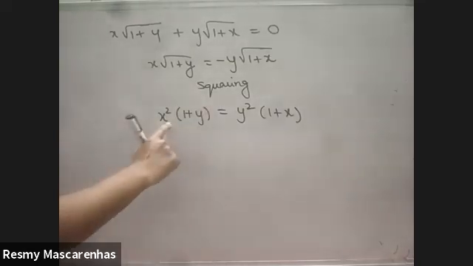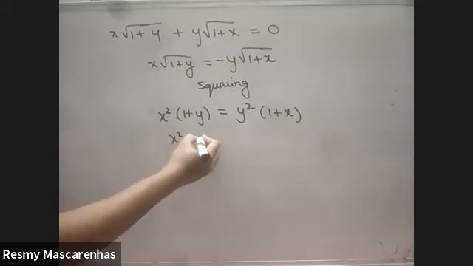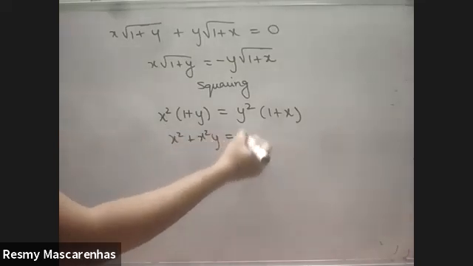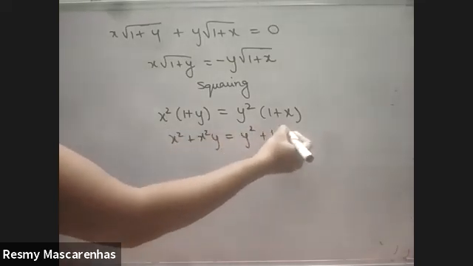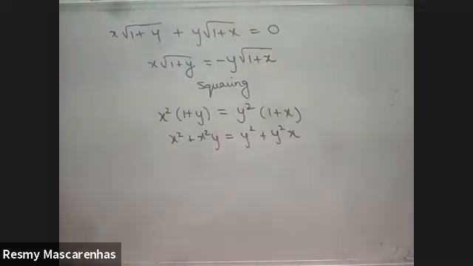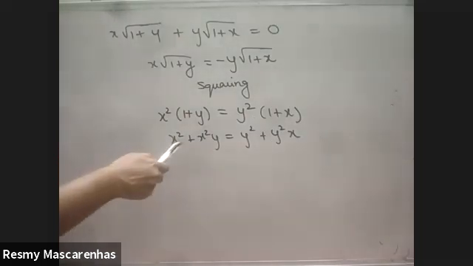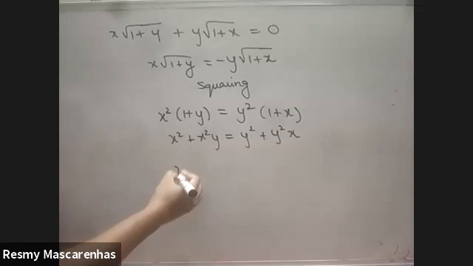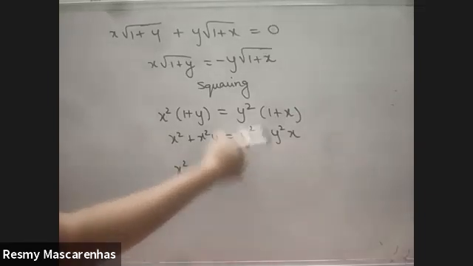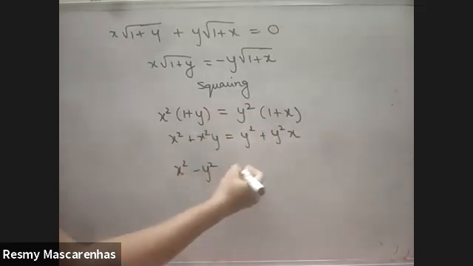So just open up the bracket. Bring the pure terms on one side, means x square and y square this side, and this one you take on the other side.